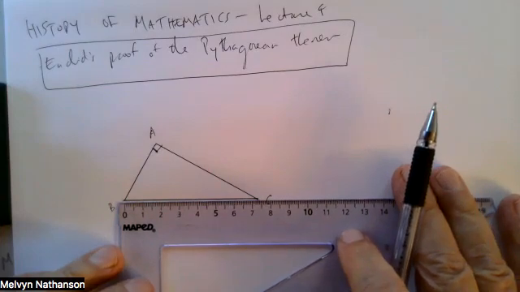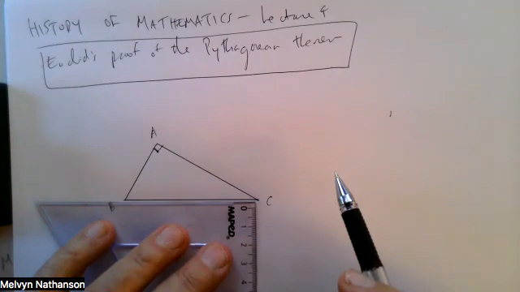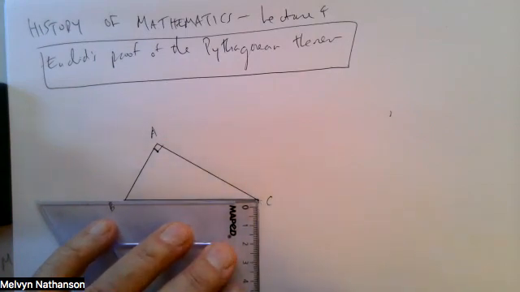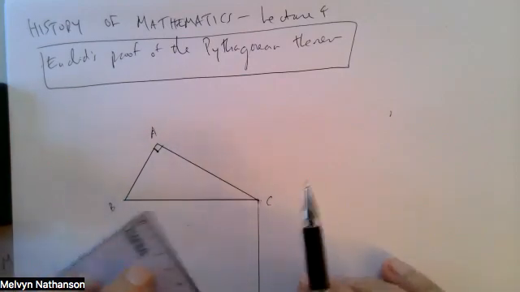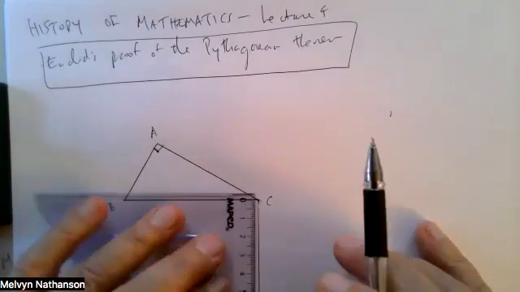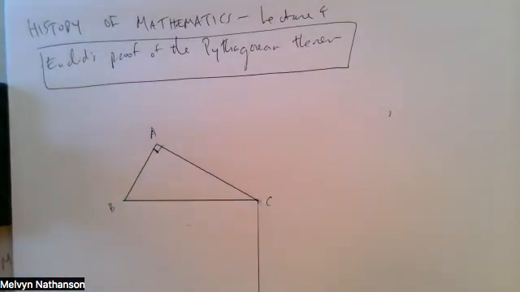So the square on the hypotenuse, let's see, is that about right? Yeah, approximately.